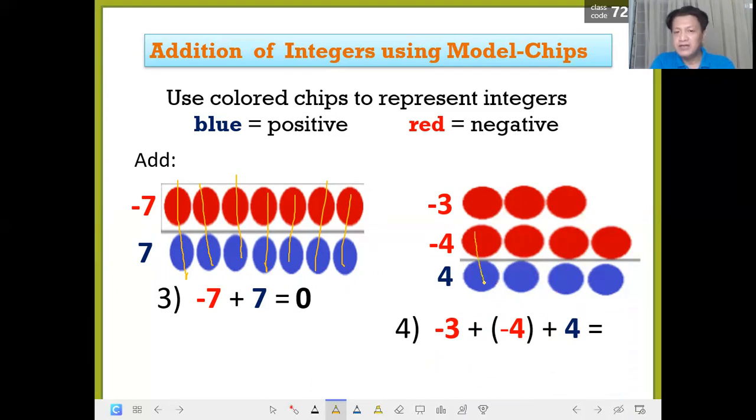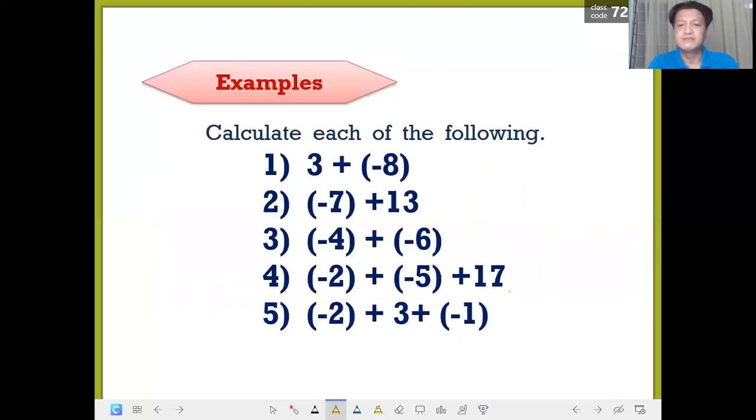I-partner natin ito, red-blue, partner sila. Since wala na tayong blue na pwede i-partner dito sa tatlo pang natirang red chips, so meaning to say, ang sagot natin dyan ay -3. Okay, so ganun lamang yon kung paano mag-add using the model chips.